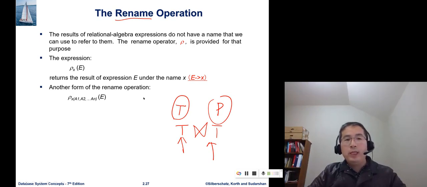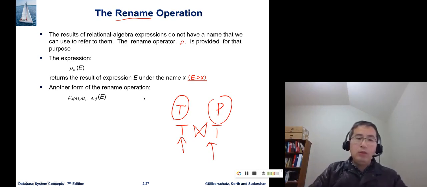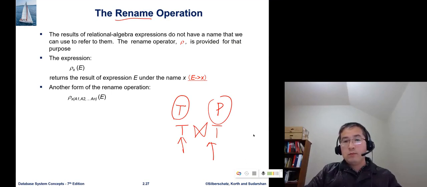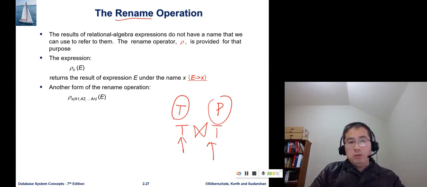And then we also have another form for the rename, that is even more detailed. So for the E, if we assign a new name x, but at the same time we also want to rename its attributes to be A1, A2, to An, then we can write it this way. Of course, if you still want to use the previous attribute names, you don't need to do this.